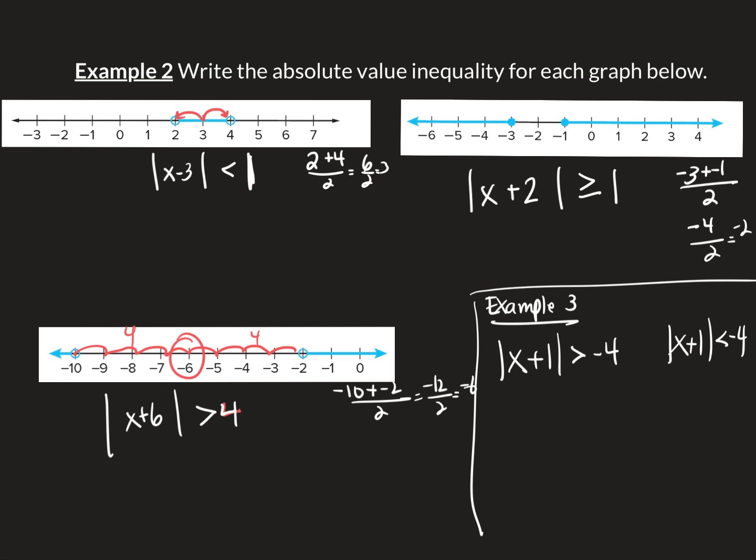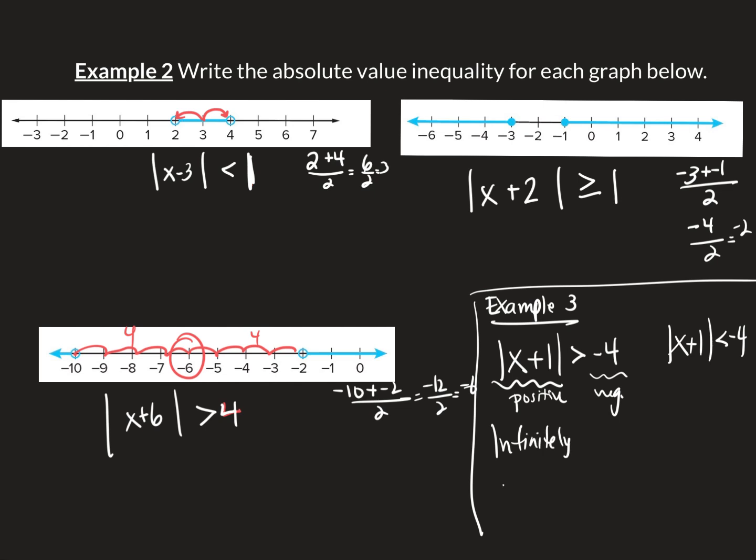I want you to think about it. Which one of those would the answer be no solution? Positive numbers, these are positive numbers, greater than negative numbers. That's always true. So this one is infinitely many solutions.